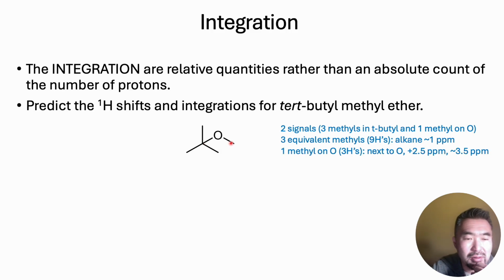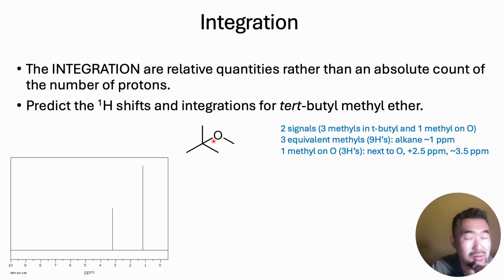Now, the methyl directly on the oxygen has 3 hydrogens on it. It's next to oxygen, so it's probably shifted by about 2.5 ppm from the regular methyl. So we expect something like 3.4, 3.5 ppm. Hope that makes sense. So the proton NMR spectrum that we expect should look like this.